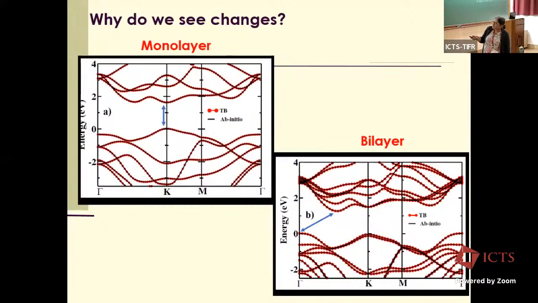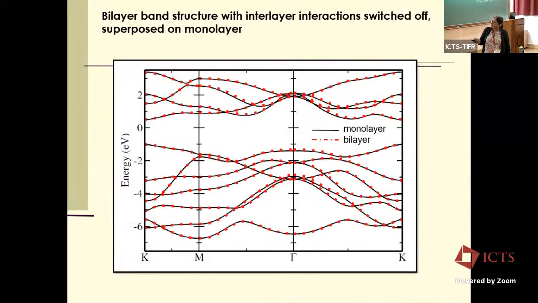So now we took the bilayer tight binding Hamiltonian, switched off all interlayer interactions, and then superposed the eigenvalues we got for the bilayer with interlayer interaction switched off on the monolayer, and you see that they superpose very well. So all the electronic structure changes are because of these hopping interactions between the two layers.